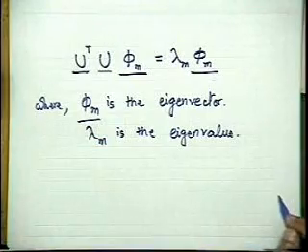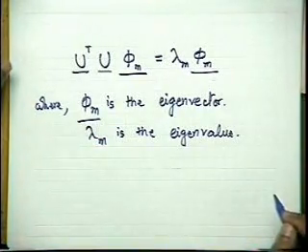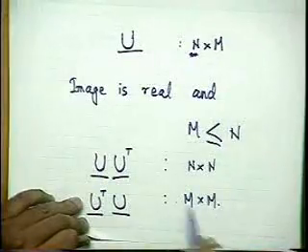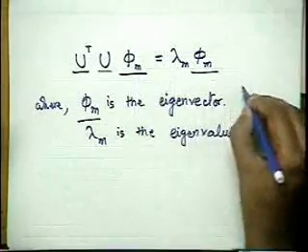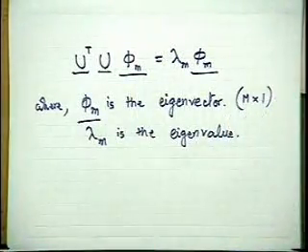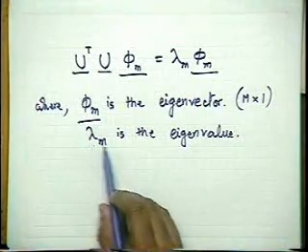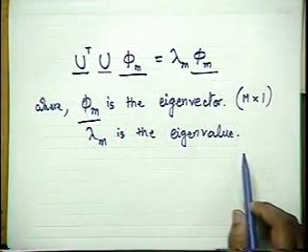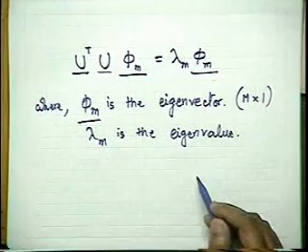And phi m is an eigenvector of which size? Not n, because U transpose U is of size m by m. So phi m has to be an eigenvector of size m by 1, and lambda m is the corresponding eigenvalue.